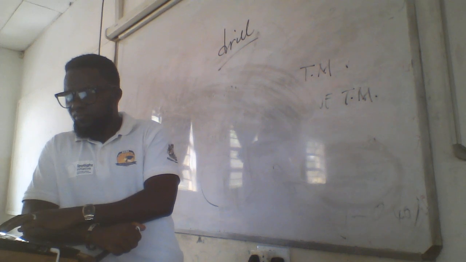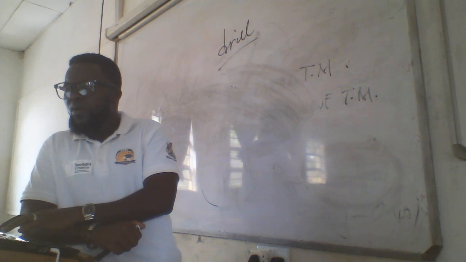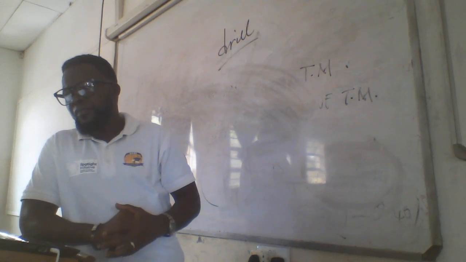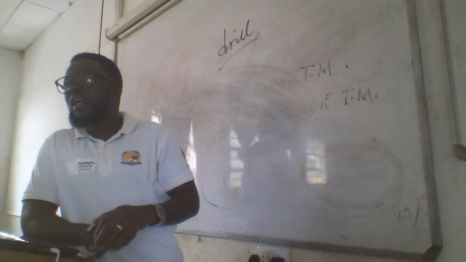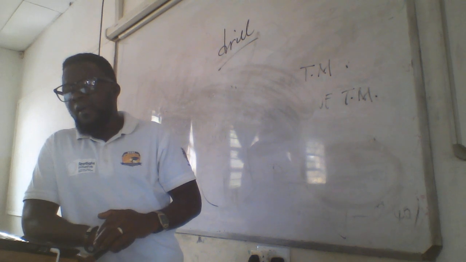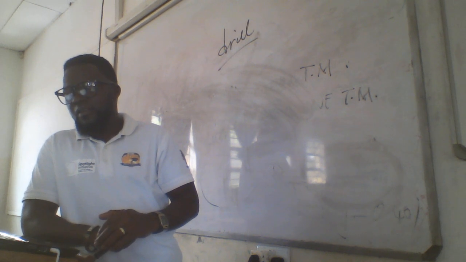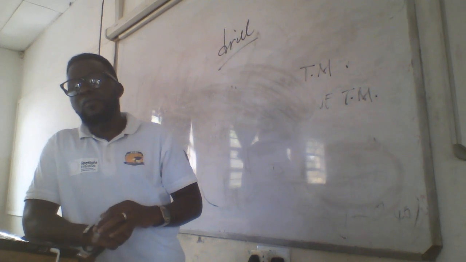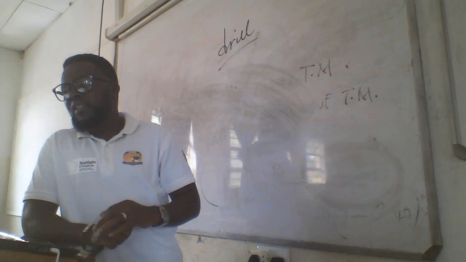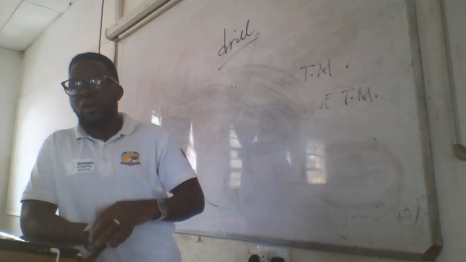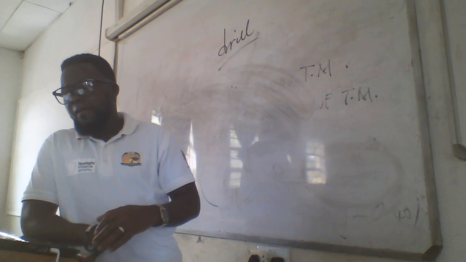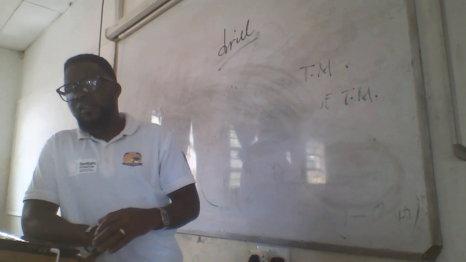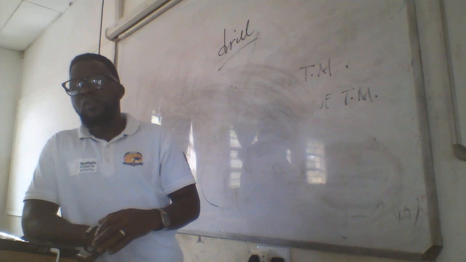Now, we went further to look at decisions and risks. On decisions and risks, we have two types of decisions that are taken when you are experiencing a risk: decisions with certainty and decisions with uncertainty. I'm wondering if we never discussed this one.